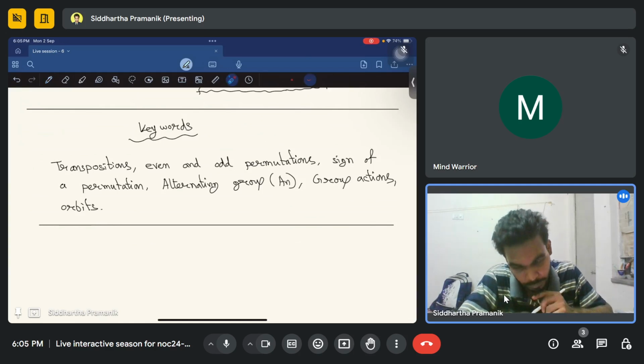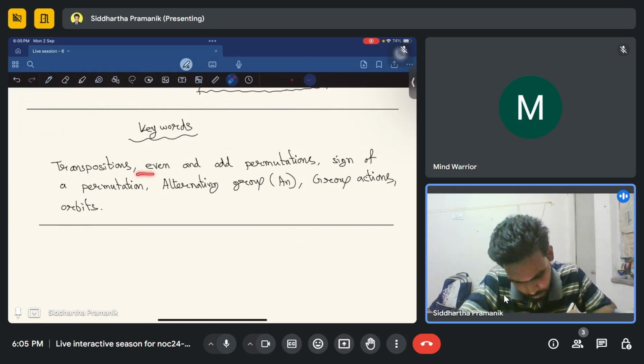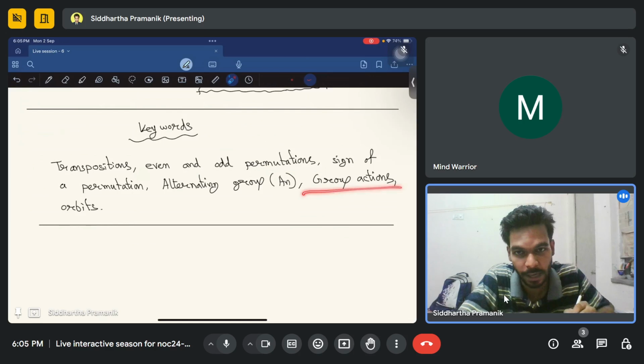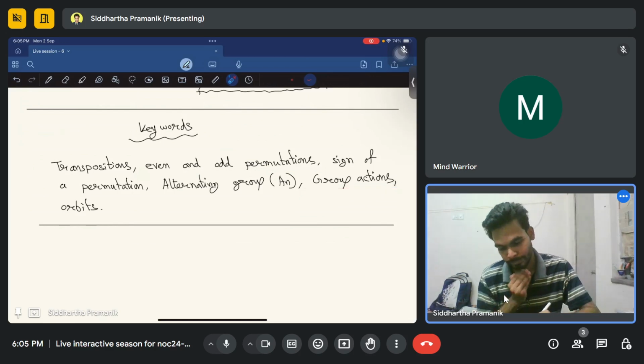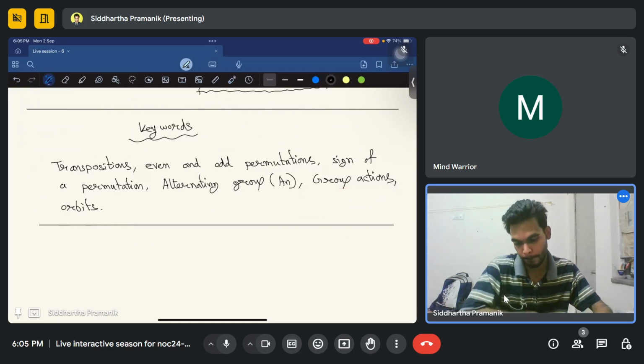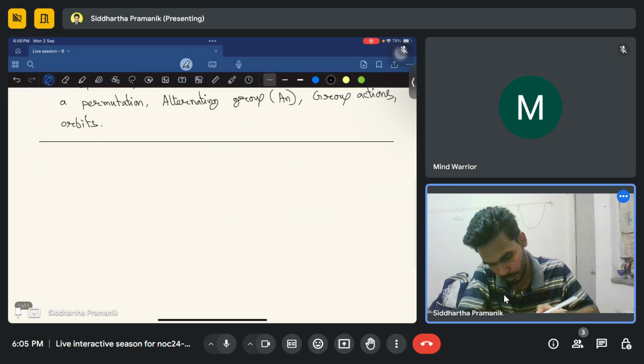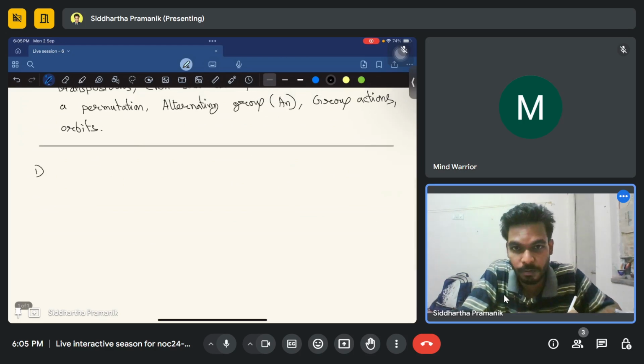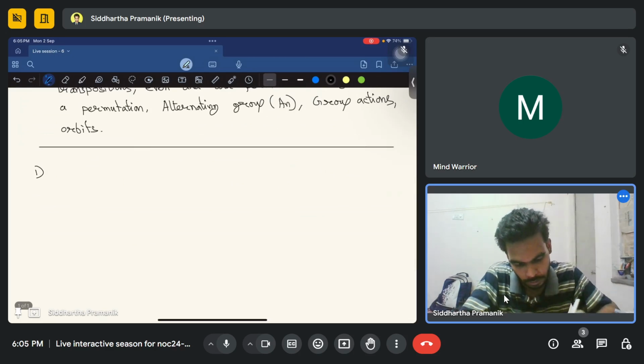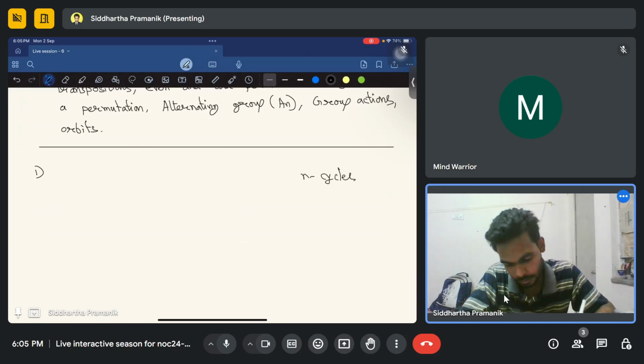So let me start with some problems on even and odd permutations, then I will move on to group actions. The first problem is basically on when an n cycle is even or odd.